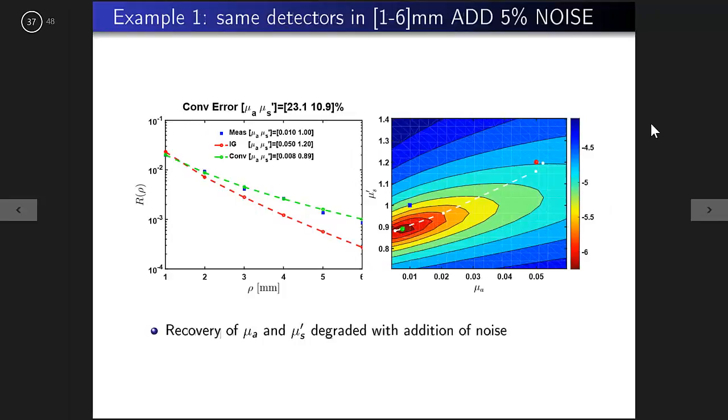So let's see what happens when we add 5% noise. You can see that we degraded the recovery a bit in both mu A and mu S prime. It's still finding a minima here, but this noise is adding to the difficulty of recovering those optical properties.